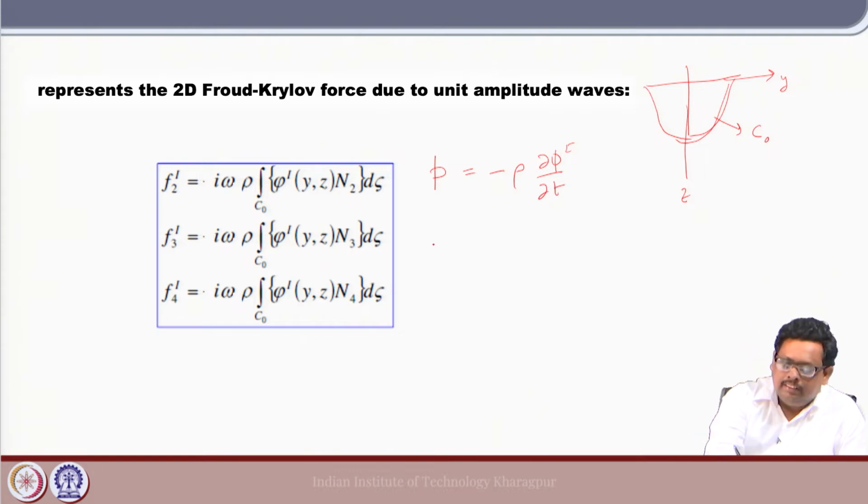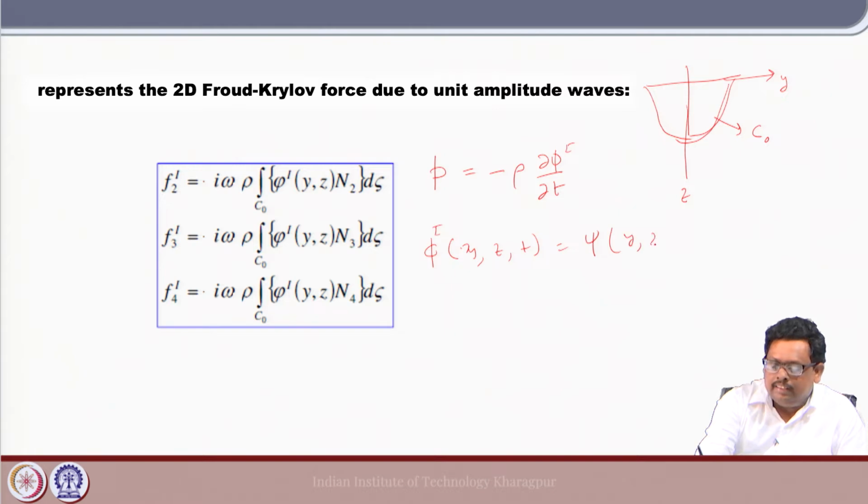Now, again for this phi i, let us take the sectional phi i, which is a function of y, z and t, and it is nothing but psi of y z into e to the power i omega t. So, if I apply that over here, then the pressure comes as minus i into omega multiplied by psi of y and z.